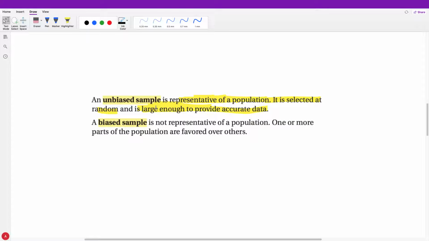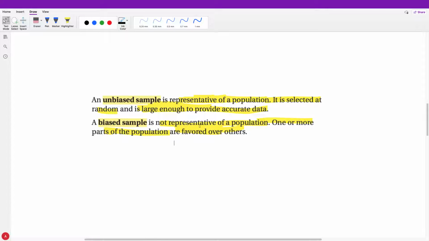So when we think of the word bias and unbiased, when something's biased, it's not a representative of a population, where one or more parts of the population are favored over others. If we're doing a biased sample, it means that we can't accurately say it describes the population because we might be trying to make sure that we're picking things that will benefit us with our questionnaire or our survey.